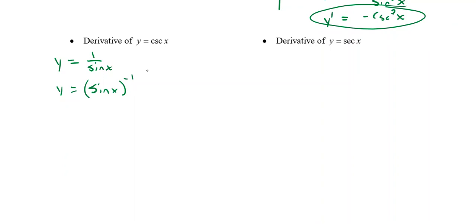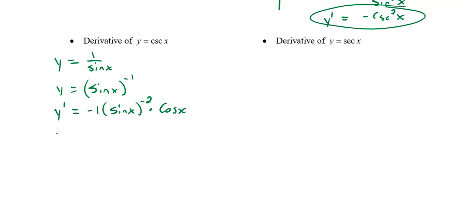Now if we take the derivative of this, it would be y prime is equal to, now chain rule. I'm going to bring down the negative 1 times, and then keep the inside the same, and then apply my derivative to the exponent, so minus 1, so that's negative 2 now. And then don't forget, we also have to take the derivative of the inside. Chain rule this out, so that would be times cos x. And that's pretty much it.